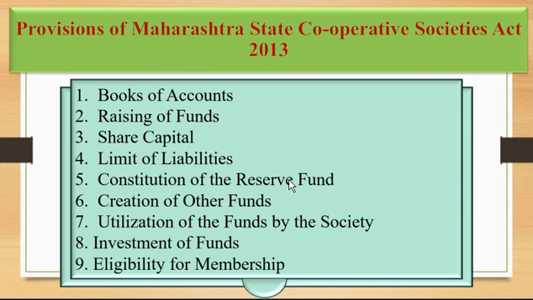The society shall maintain some books of accounts, records or registers, like the register of members in I form prescribed under Rule 32 of the MCS Rules 1961, then the list of members in J form prescribed under Rule 33 of the MCS Rules 1961, then the cash book, the general ledger, the personal ledger, the sinking fund register, the investment register, the nomination register, then the audit rectification register, etc.